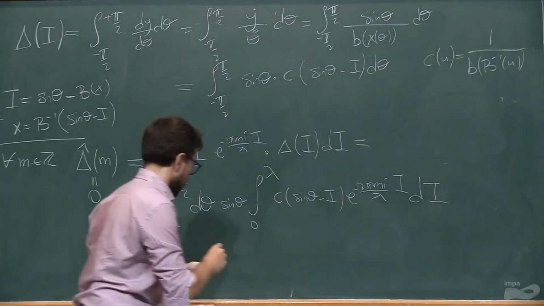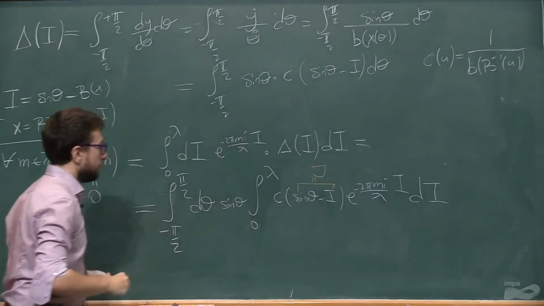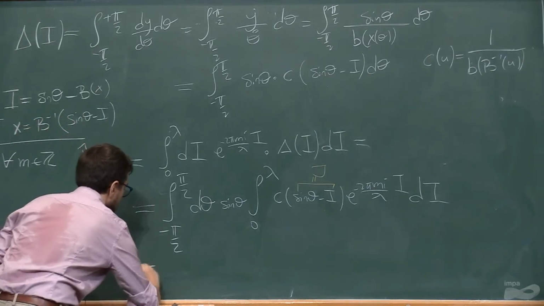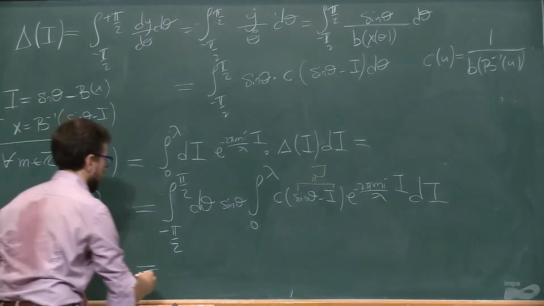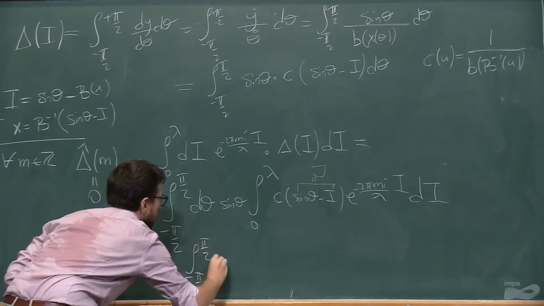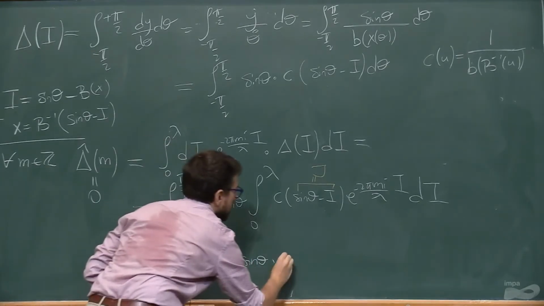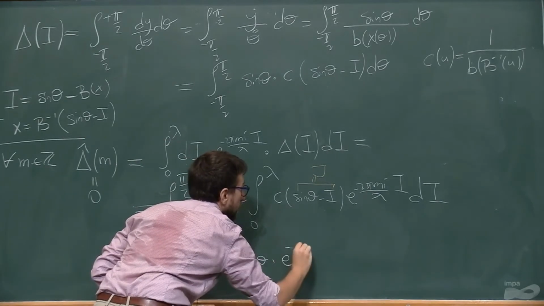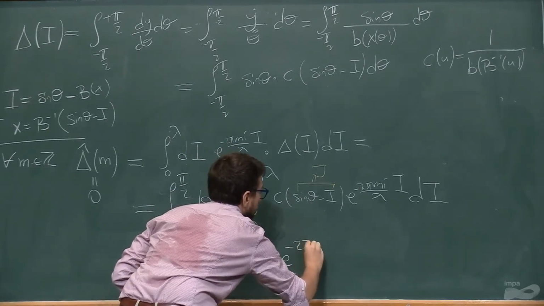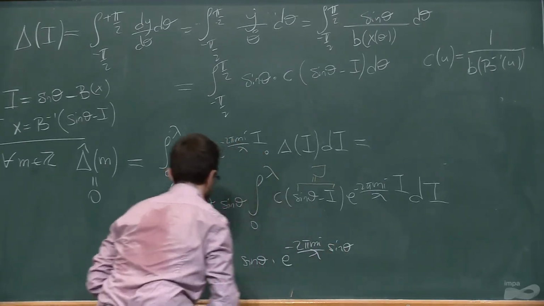Right. Okay, now I make this substitution. Let's call this j. And if I do that, I get now that these two integrals decouple, and then I get the integral from minus pi over 2 to pi over 2 of d theta sine of theta times e to the minus 2 pi m I over lambda sine of theta.